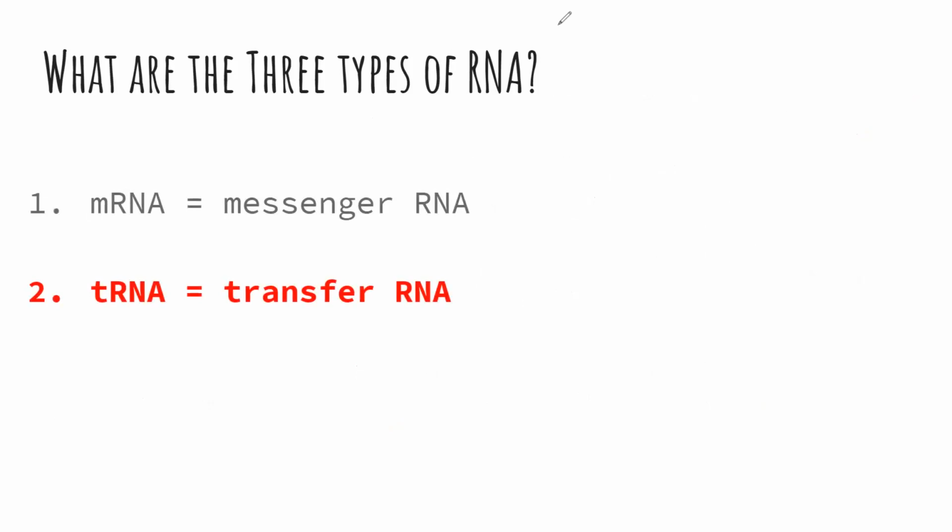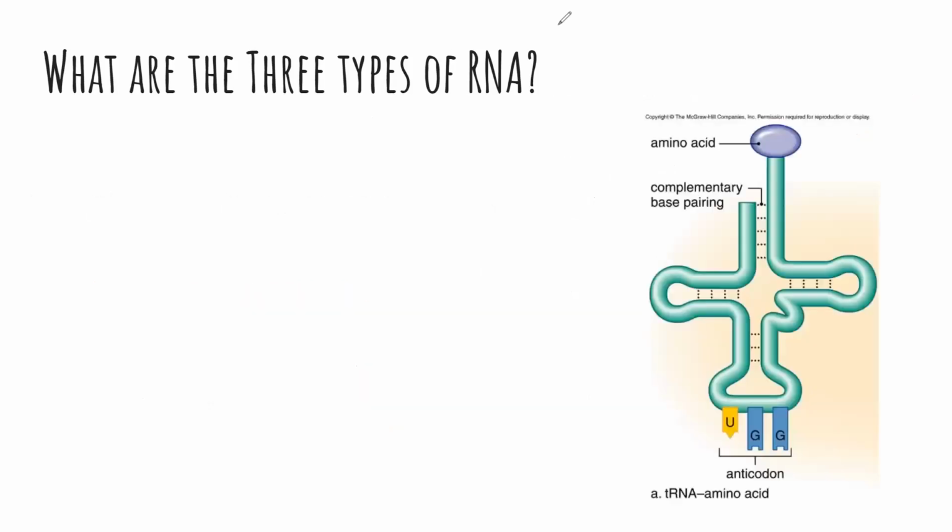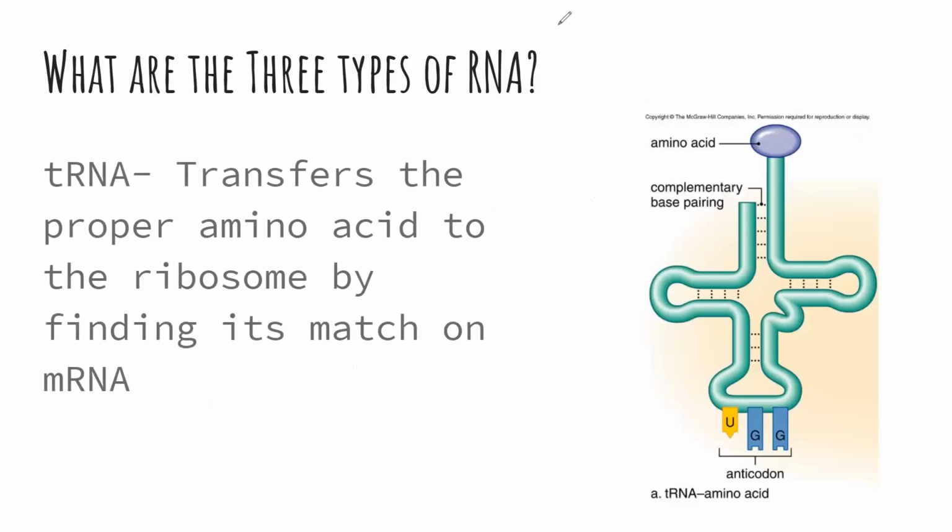The other two types of RNA are transfer RNA, or tRNA, and rRNA, or ribosomal RNA. Transfer RNA transfers the proper amino acid to the ribosome by finding its match on the mRNA during a process called protein synthesis.